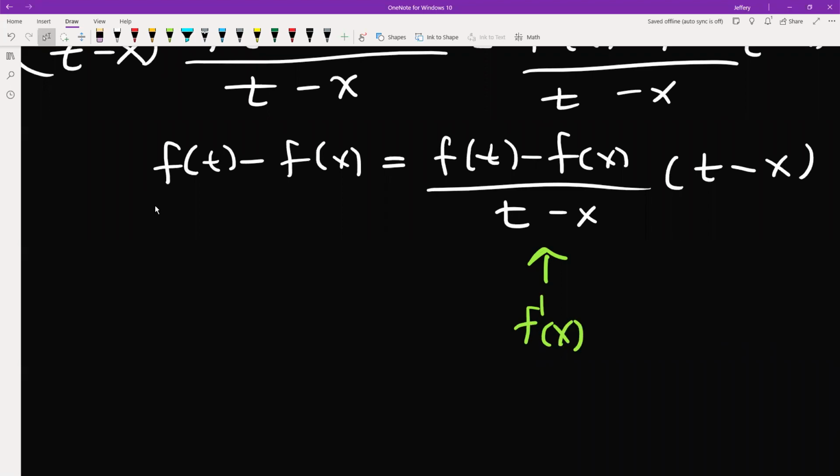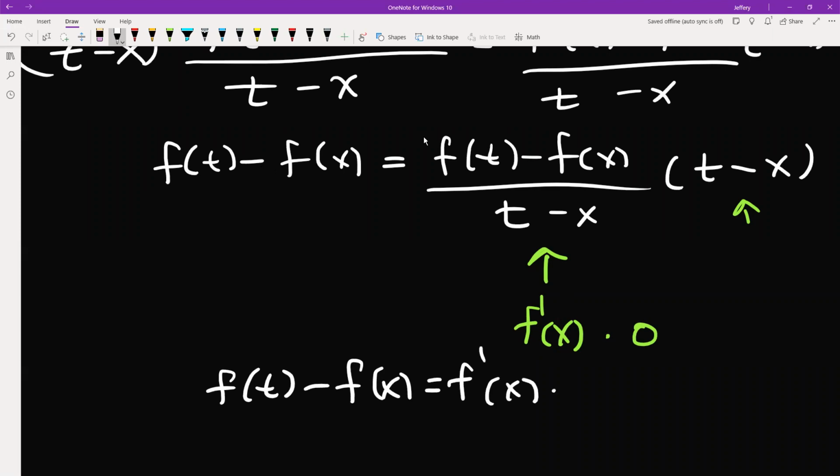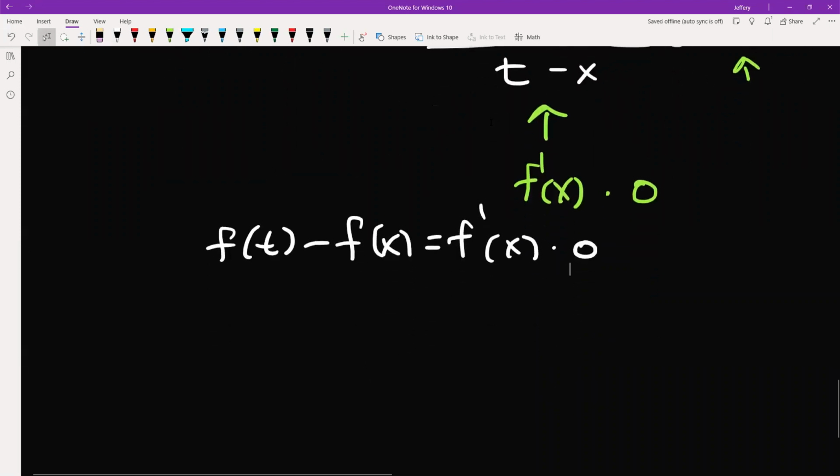And as t goes to x here, this becomes 0, right? You get t minus t, so you get times 0. Okay, so now we've got f of t minus f of x is equal to f prime of x times 0, which gives me f of t minus f of x is equal to 0.